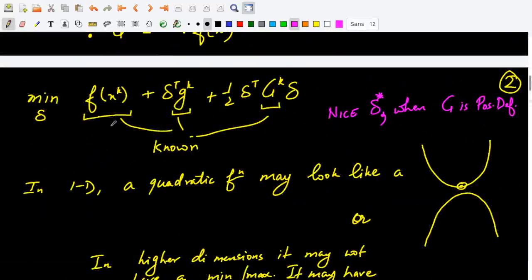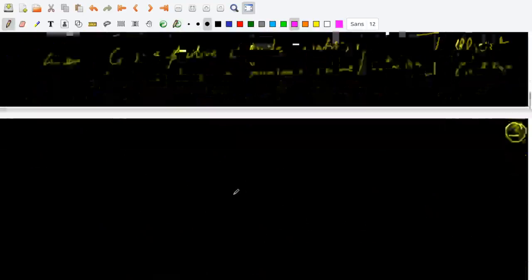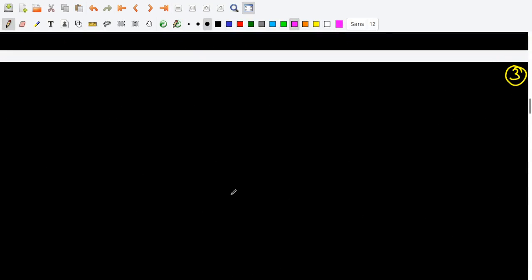So let's call this function m for model. When I apply my first order condition on m, then f(xk) is constant, so I don't have to take the derivative of that term.